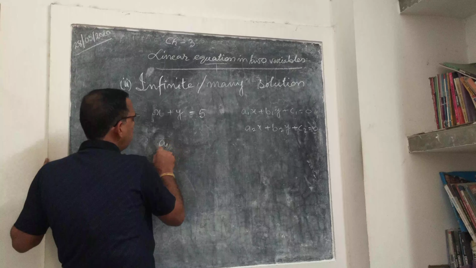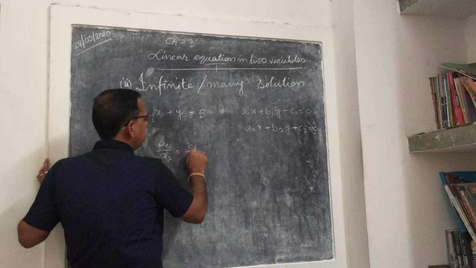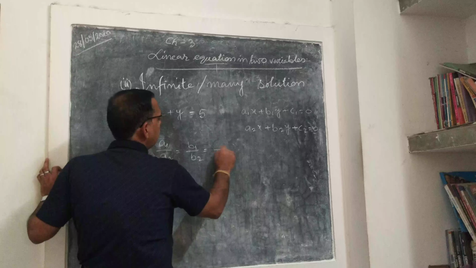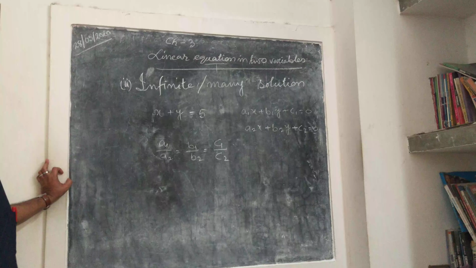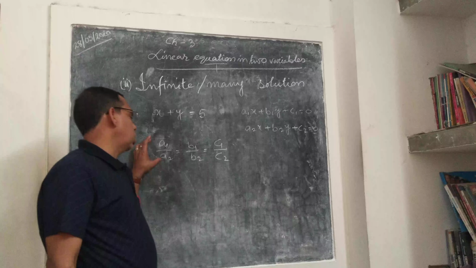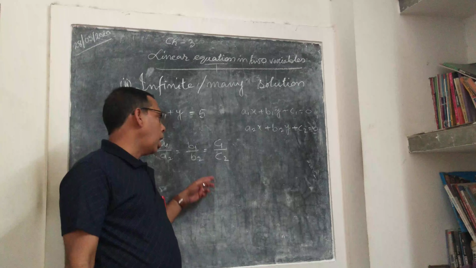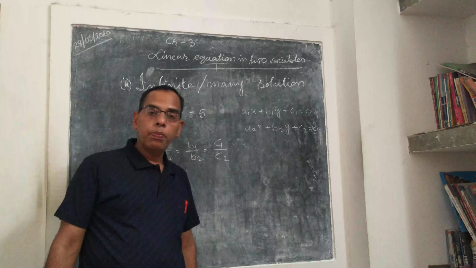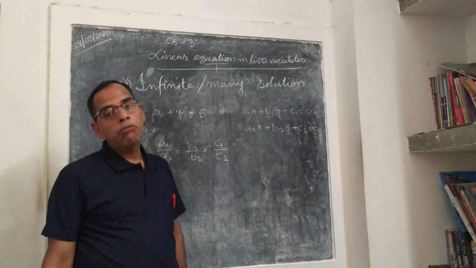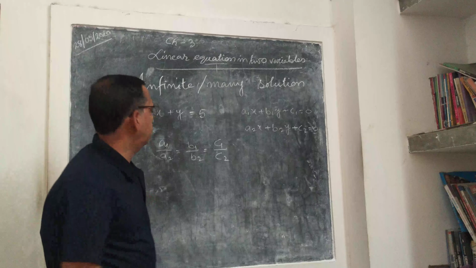If A1 by A2 equal to B1 by B2 equal to C1 by C2. If the ratio of the coefficients of x is equal to the ratio of the coefficients of y, equal to the ratio of the constant terms, then we will get infinitely many solutions.